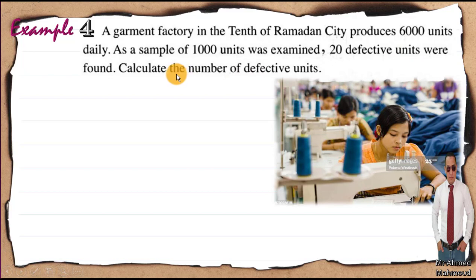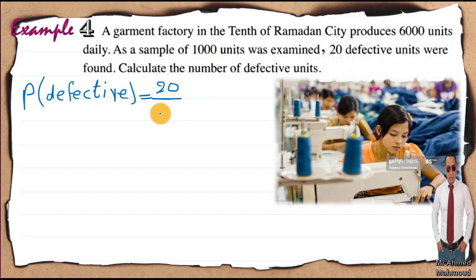The number equals probability times total. So first I will evaluate the probability of the defective. Defective means bad units. Now P of defective, or probability of defective, equals the number of defective over the total number of the sample, which equals 1 over 50.